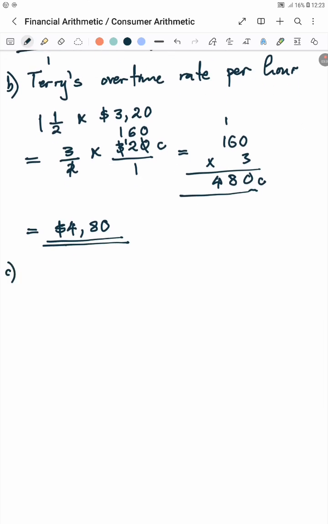Part C says find Betty's basic weekly wage.